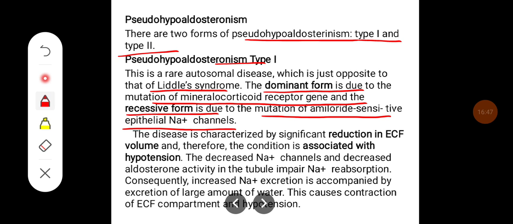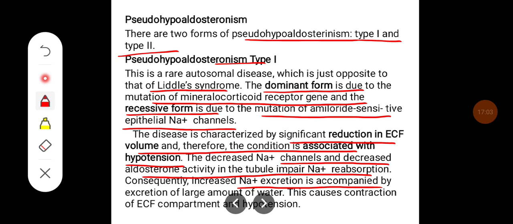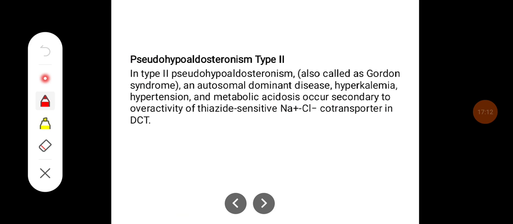The disease is characterized by significant reduction in the ECF volume, and therefore the condition is associated with hypotension. The decreased sodium channels and the decreased aldosterone activity in the tubule impair sodium reabsorption. Consequently, increased sodium excretion is accompanied by excretion of large amounts of water. This causes the contraction of the ECF compartment and hypotension.